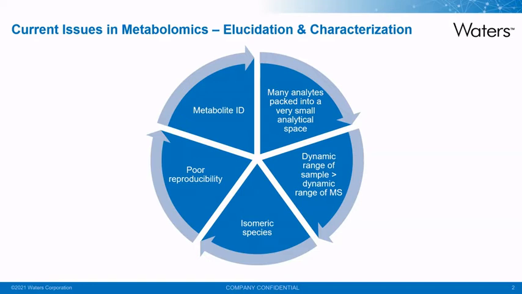These are all factors that could be contributing to issues during our experiments. And finally, actually identifying the metabolites of interest and how you can improve confidence in what you're detecting.